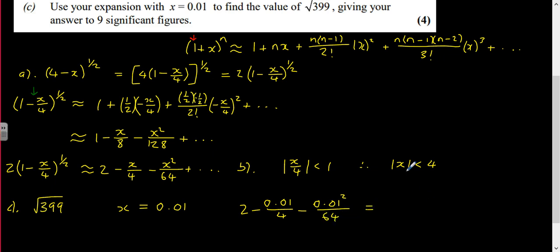And I can just work that out because that's the only bit we were asked to do, up to and including the squared term. So I'll just do that on a calculator quickly. 2 minus 0.01 over 4 minus 0.01 squared over 64. And we get this number here.